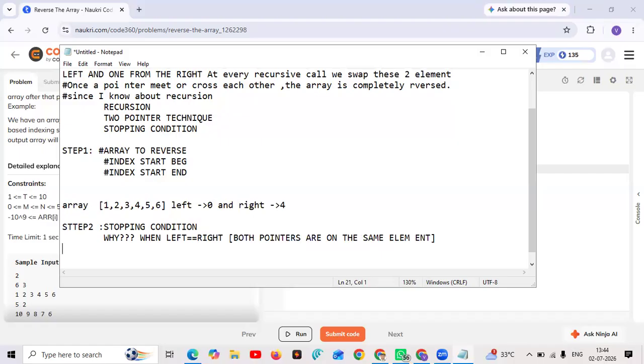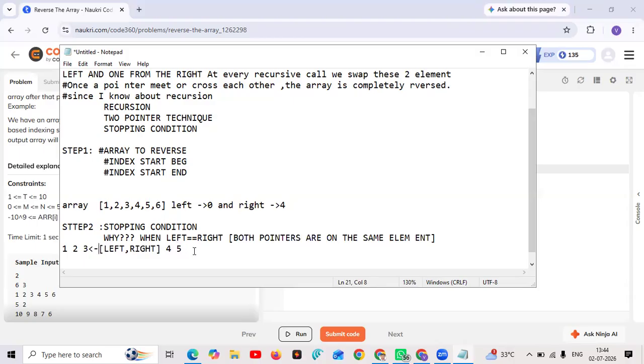Let me take one example also: 1, 2, 3, 4, 5. For example, left and right are both pointing to 3.